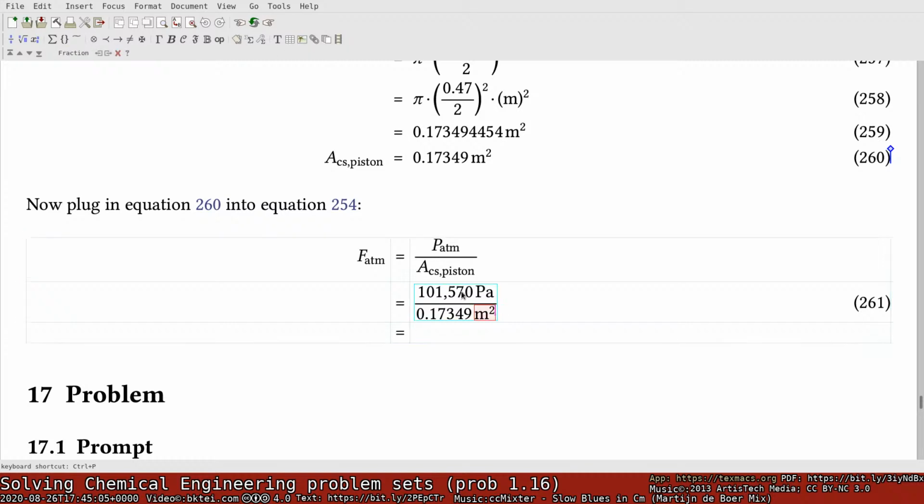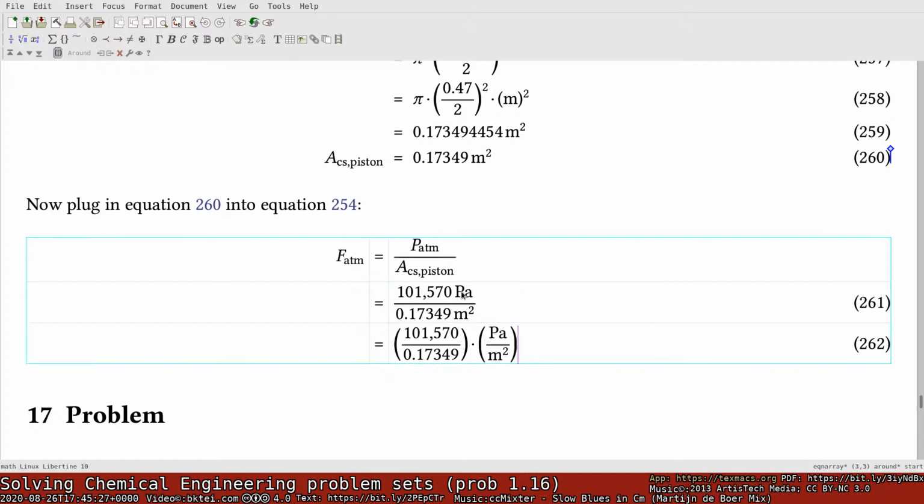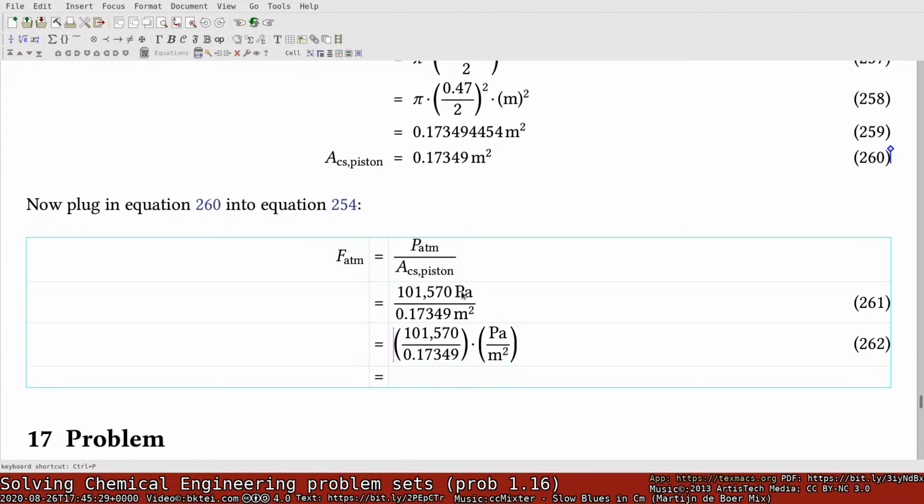Let's go ahead and pull the numbers out into their own separate thing. So we got pascals per meter squared. Pascal per meter squared. Oops. And let's add in a conversion factor. So it's pretty much the same thing.